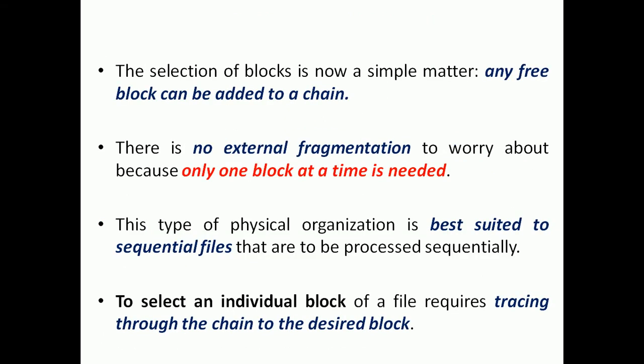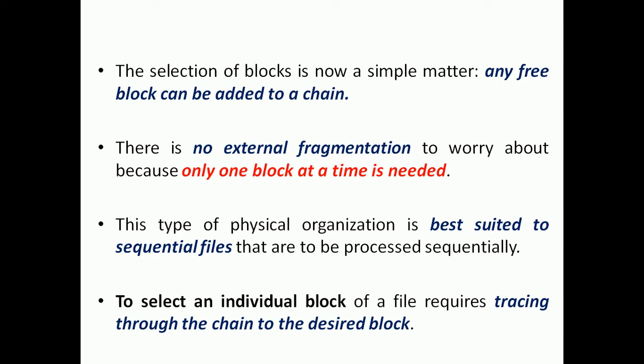Any free blocks can be added to a chain. Once a block is allocated, any free spaces need to be added into the free space list, which also acts as a chain. In this case, there is no external fragmentation because only one block at a time is needed.